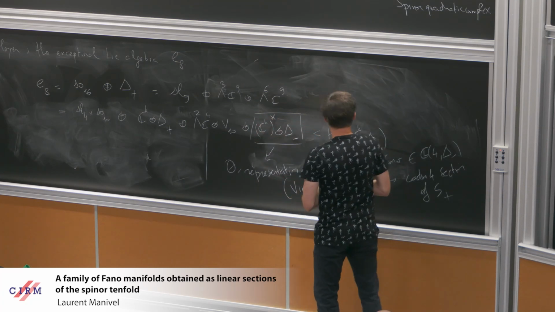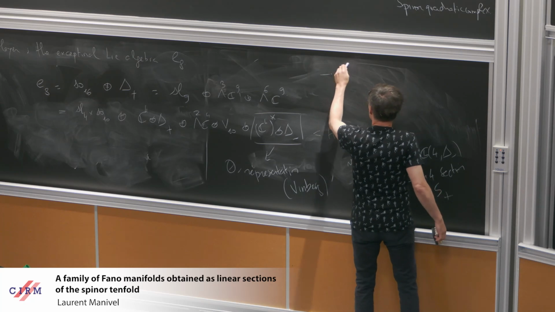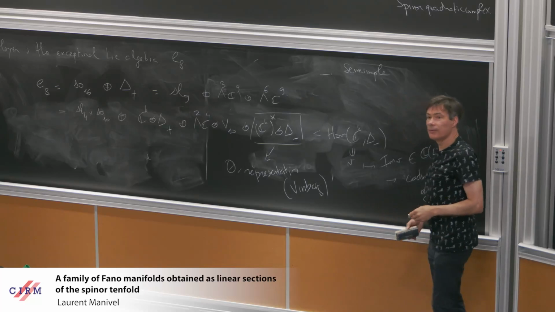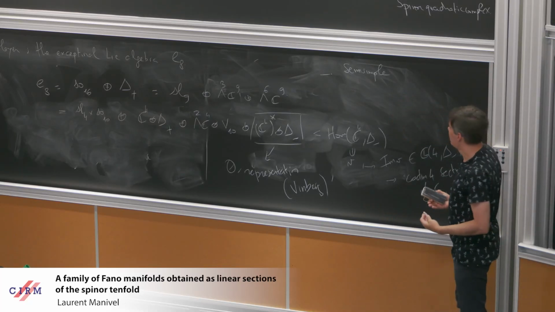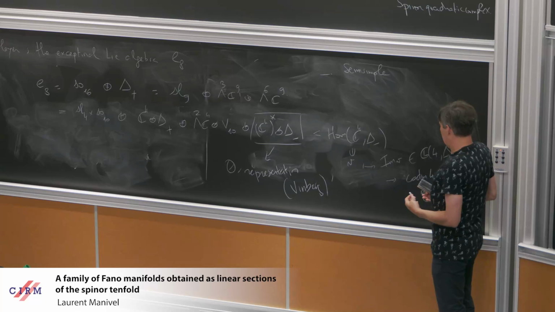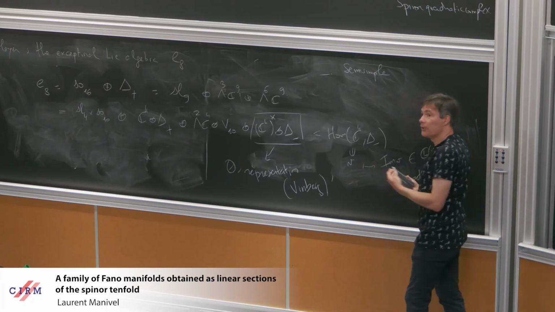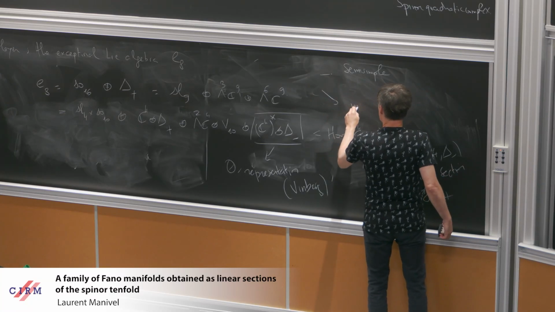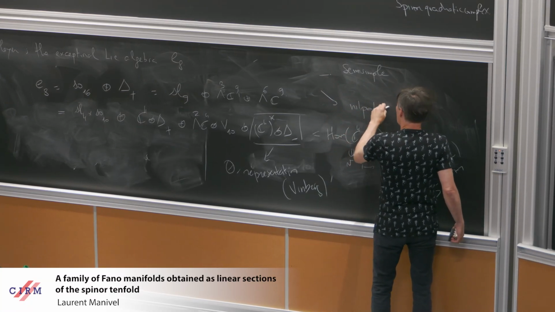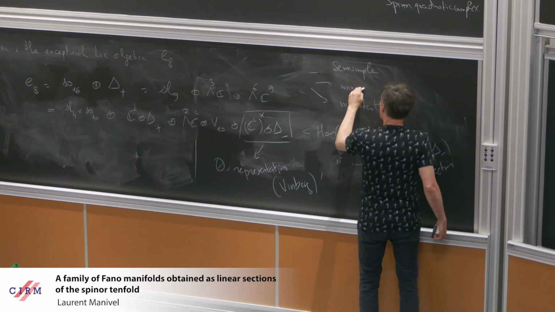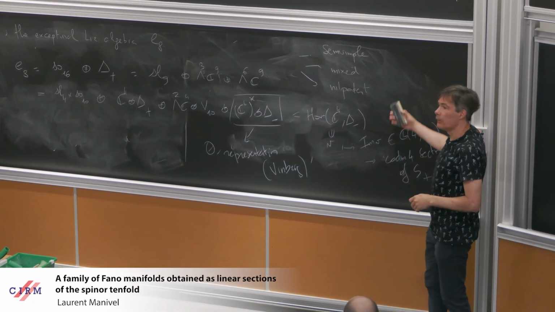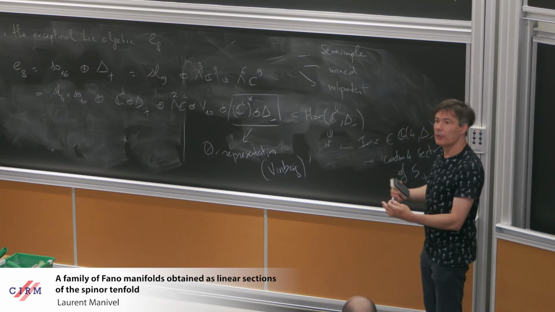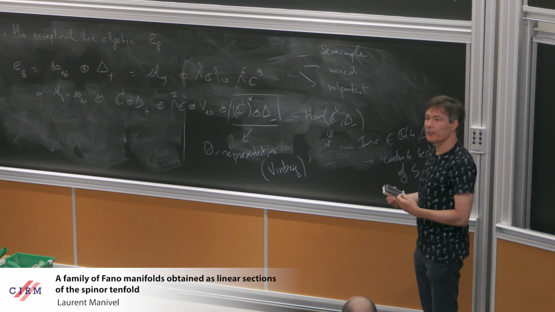Okay, so the basic ingredients: you have the semi-simple elements, which are parameterized in the usual setting by diagonal matrices. Then you have the nilpotent ones, and then you have the mixed cases. When the semi-simple element is not regular, so some eigenvalues coincide, you have finitely many possibilities for the nilpotent part.